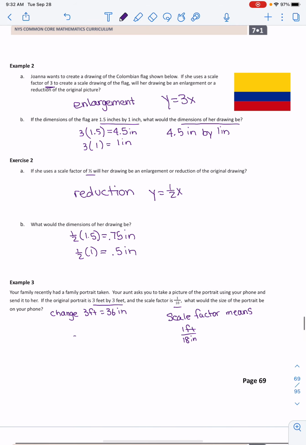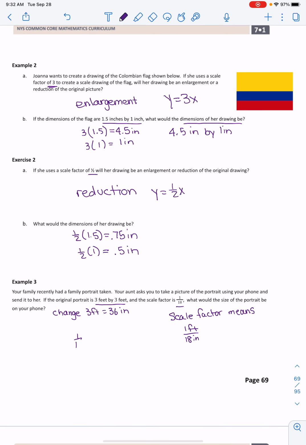So now I can multiply our scale factor by our 36, and I would get 2 inches. And I can multiply that again up at the top there. So because it's 3 feet by 3 feet, our new size would be 2 inches by 2 inches.